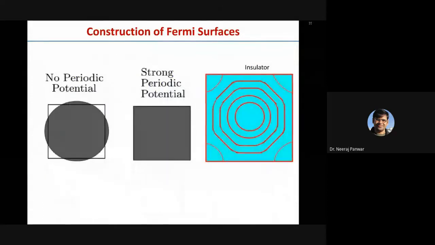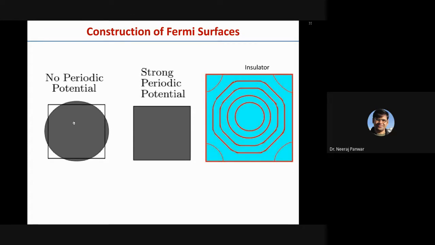So this is the first Brillouin zone and the Fermi surface for a divalent atom. Since the two areas are equal, the Fermi surface extends into the second Brillouin zone. This is in the absence of periodic potential.